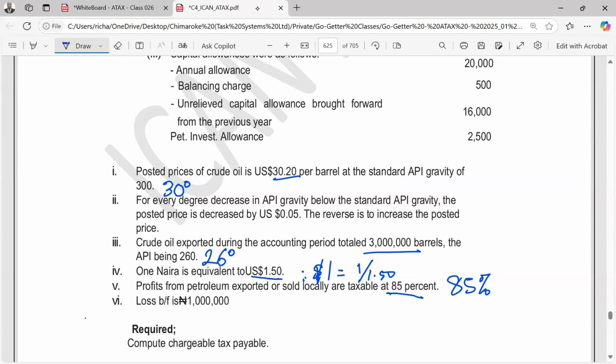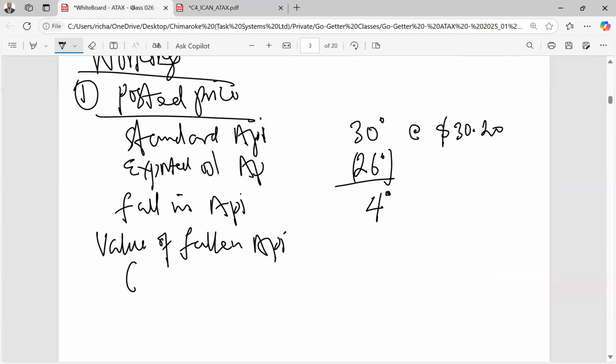For every degree decrease in API gravity below the standard API gravity, the posted price is decreased by 0.05. So for 1 degree, it will be decreased by 0.05.